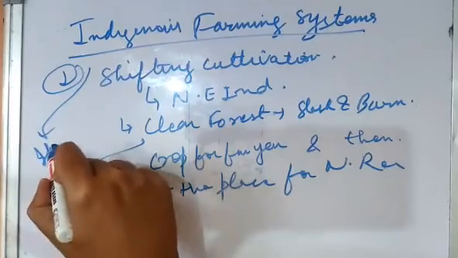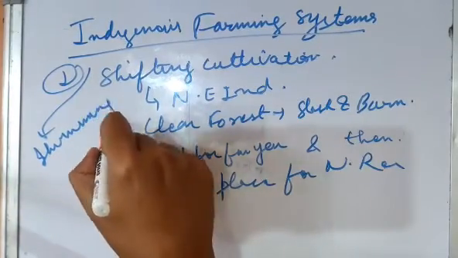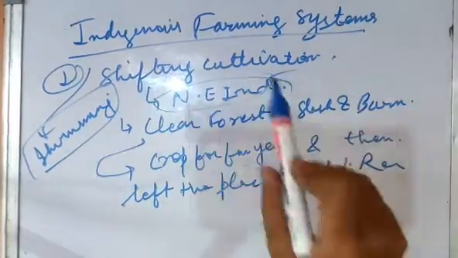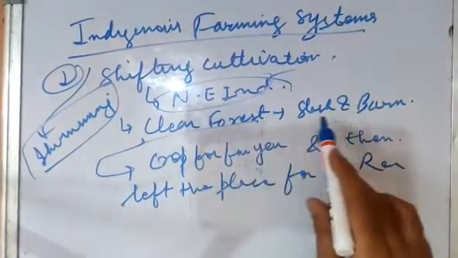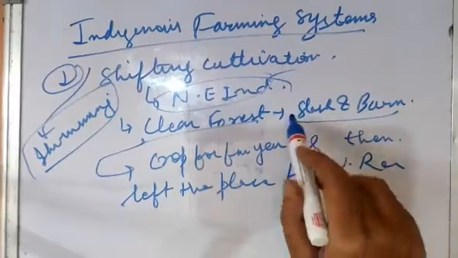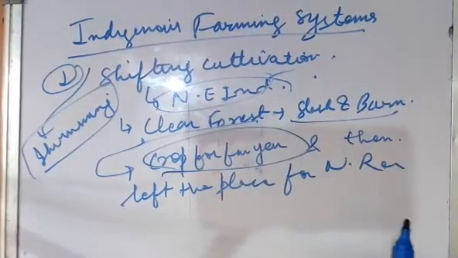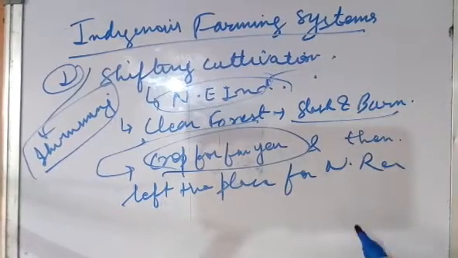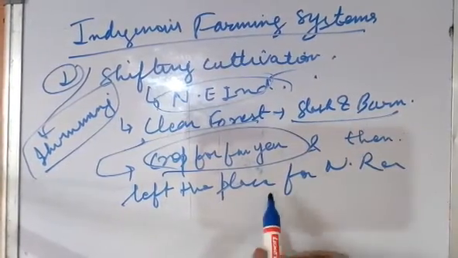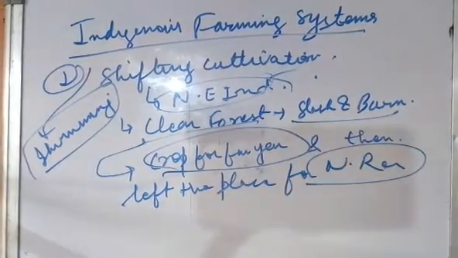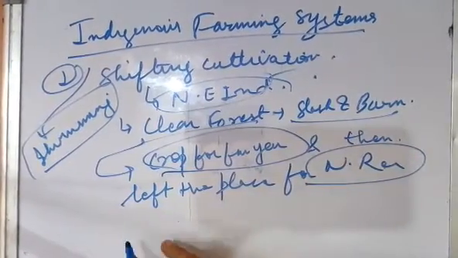You all have read it in previous classes also. Shifting cultivation is mainly in northeastern India. What you do here is clear the forest and burn it. The fertility of that soil is high. We crop for some years, and when we see that the fertility is decreasing, then we leave the land and let it naturally regenerate. Then we take another piece of land, then another, and this cycle continues.